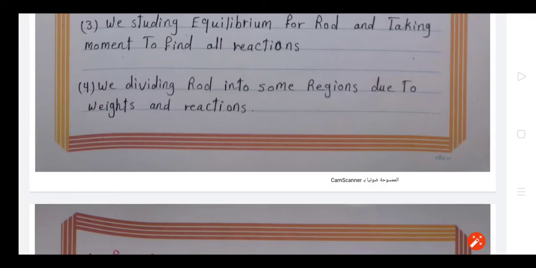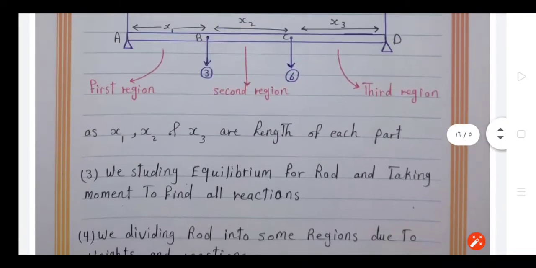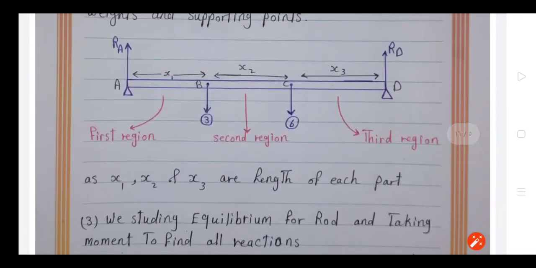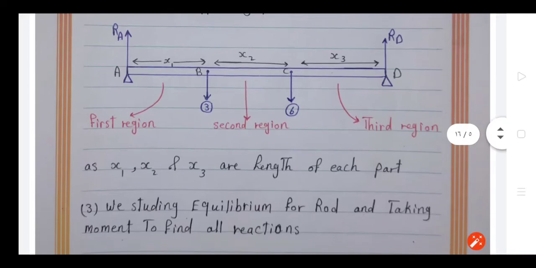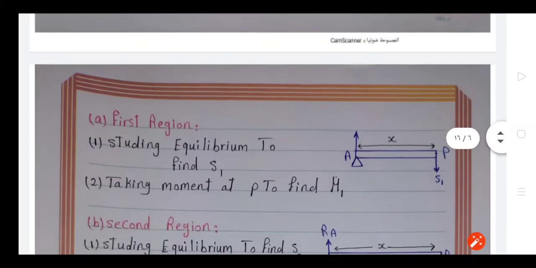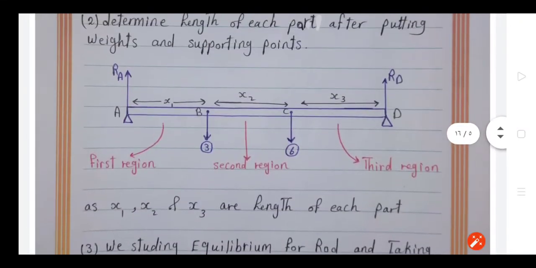We divide the rod into regions due to weights and reactions. As you see, first region, second region, and third region. And we will study every part due to forces and reactions with their distances.